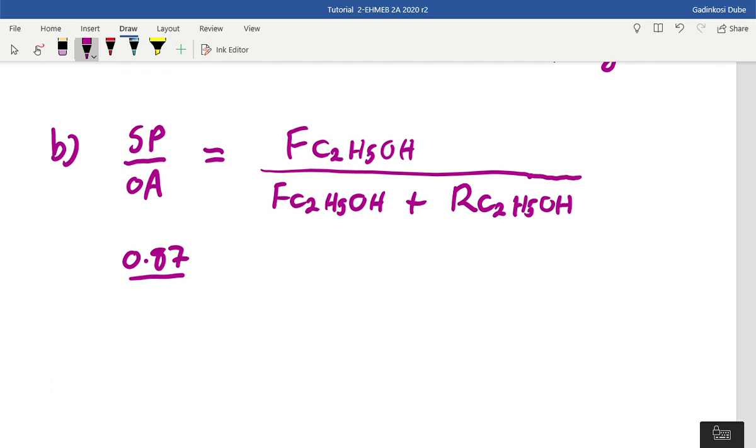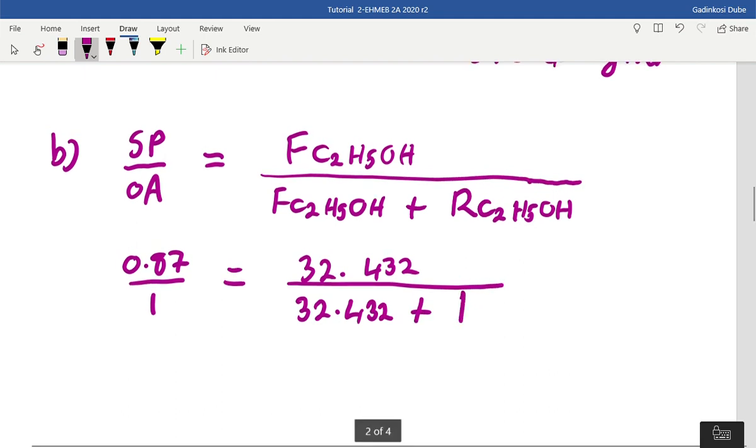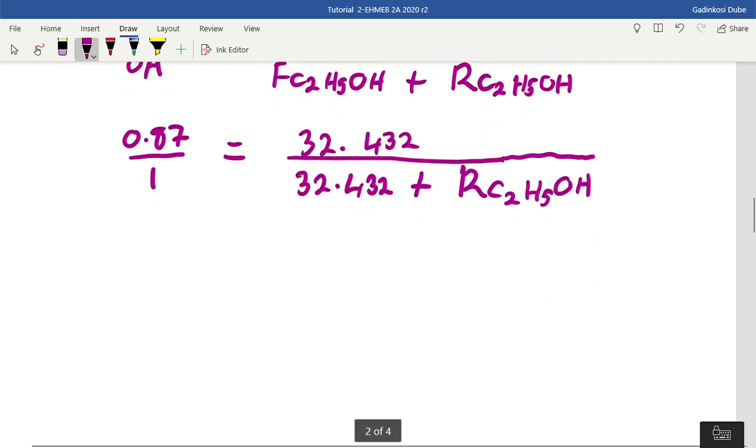Then here you've got 32.432, making sure that everything is in moles because you're still working with moles, plus the recycle, C2H5OH, which is what you're looking for. You can make your division line a bit longer. So what's your unknown? The recycle stream.